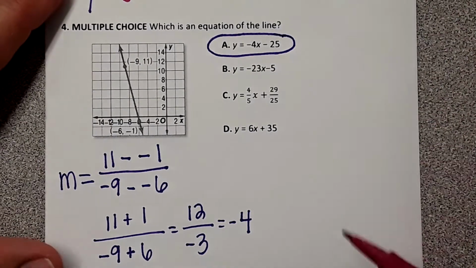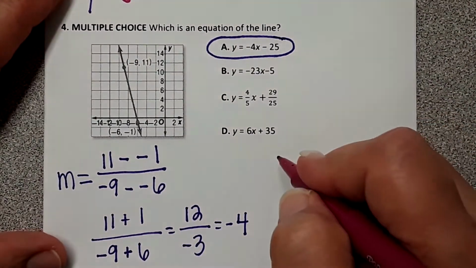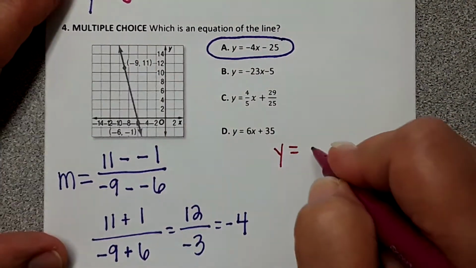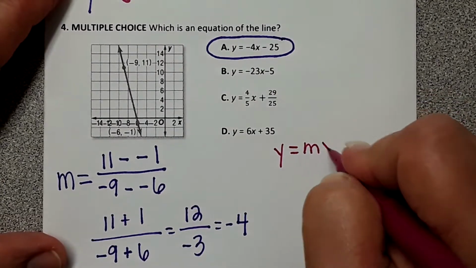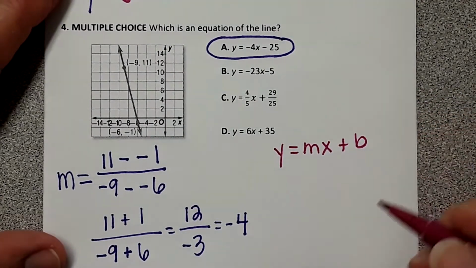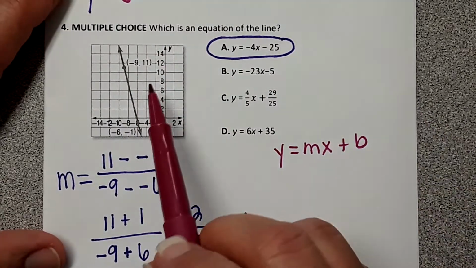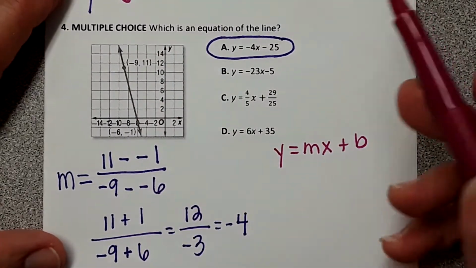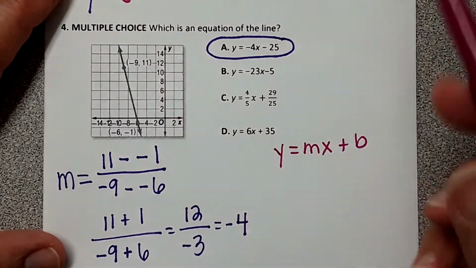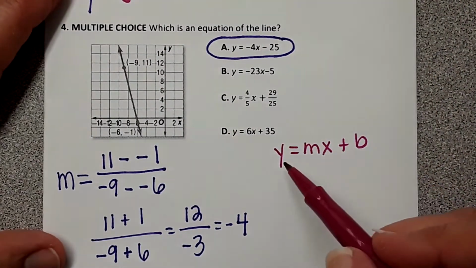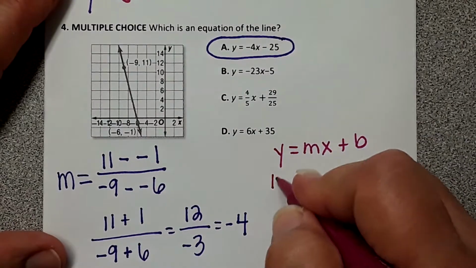What I'm going to do is put it in y equals mx plus b. I'm going to look for b. So I'm going to use one of these points. I'm going to use 11 and negative 9 because 11 is positive. So instead of writing y, I'm going to put 11.